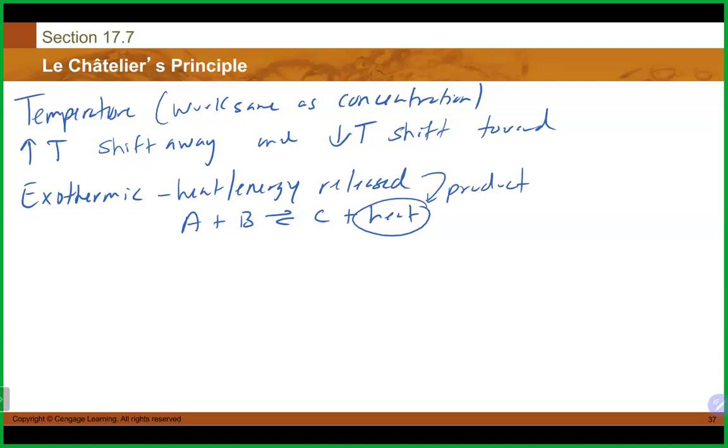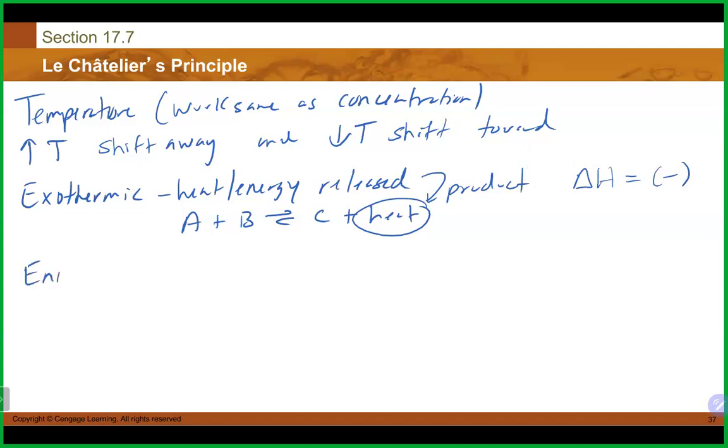A reminder that the way exothermic is usually given to you in an equation is they give you the change in enthalpy that we talked about, and it's a negative value. So if you see a delta H value for that reaction and it's negative, it means that reaction is exothermic overall, and you can think of temperature, or heat and energy, as a product.